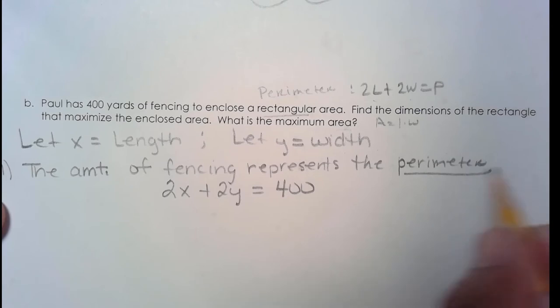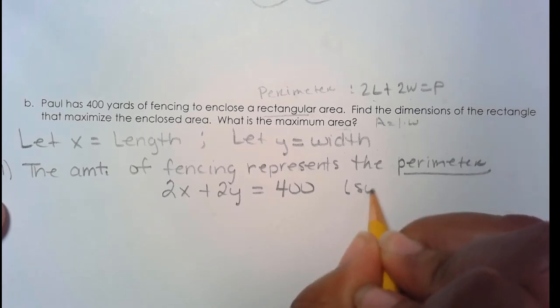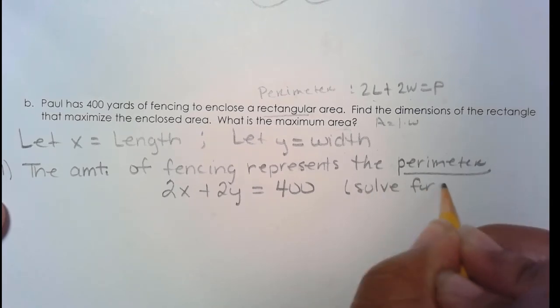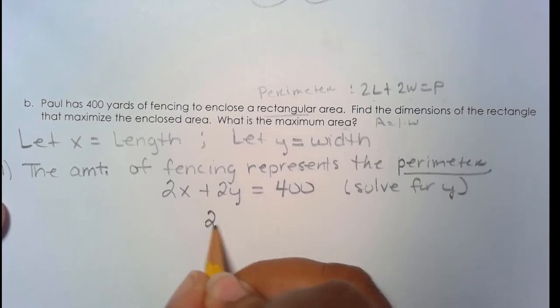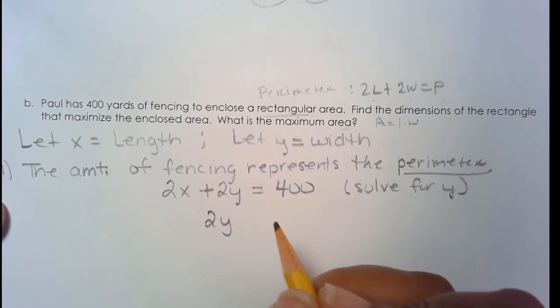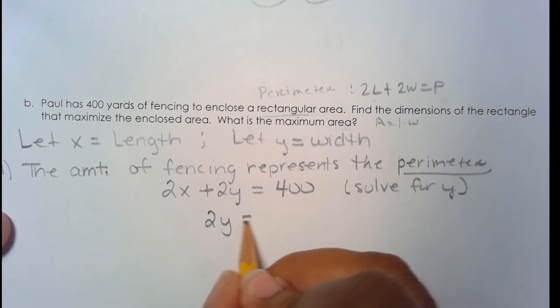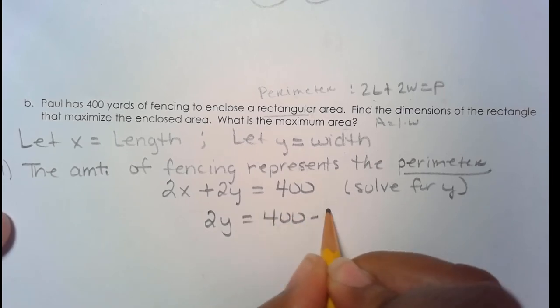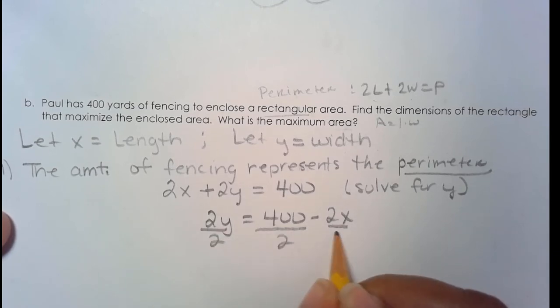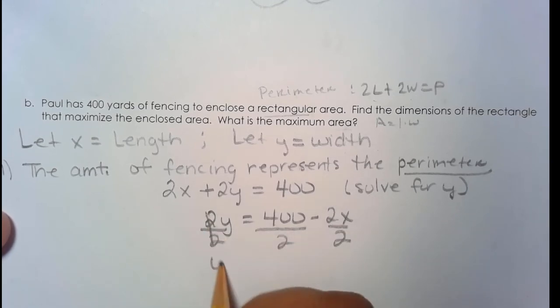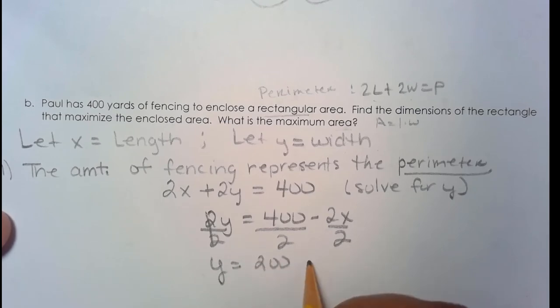Next, we're going to take this formula and solve for Y. So subtract 2X from both sides, and we have 2Y is equal to 400 minus 2X. Then we're going to divide each term by 2, and we have Y is equal to 200 minus X.